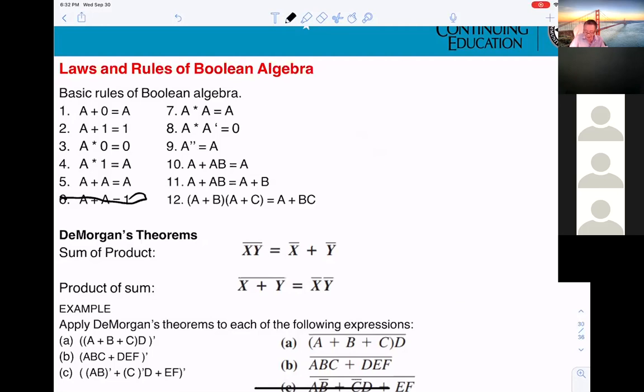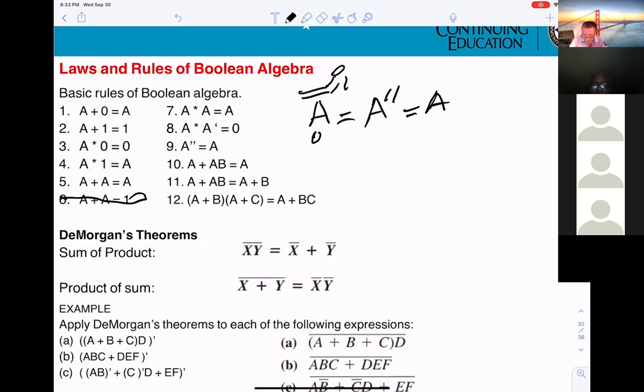And now number 9, A not not. Same thing, A bar bar goes back to A. For example, if A is 0 and 1 not here, you get 1. Not here, you go back to 0. So if you get a double not, it goes back to the original.